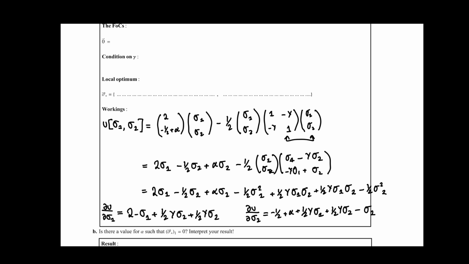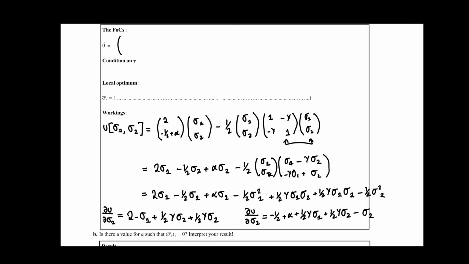If I now write that as a column vector, we have 2 minus σ1 plus yσ2, and then minus a half plus α plus yσ1 minus σ2.